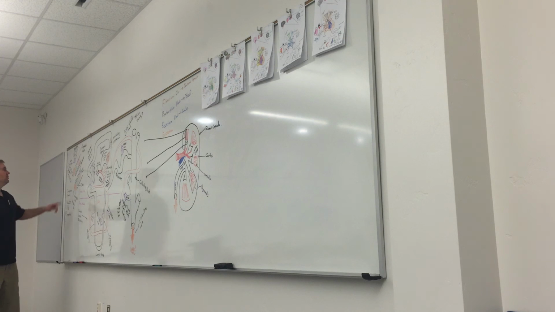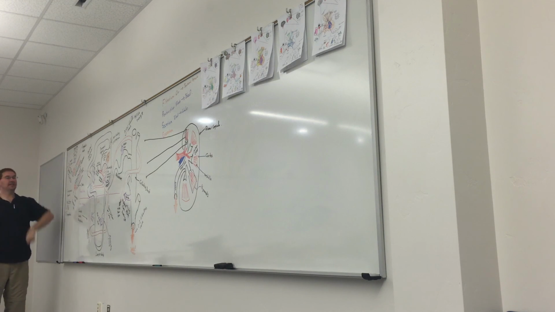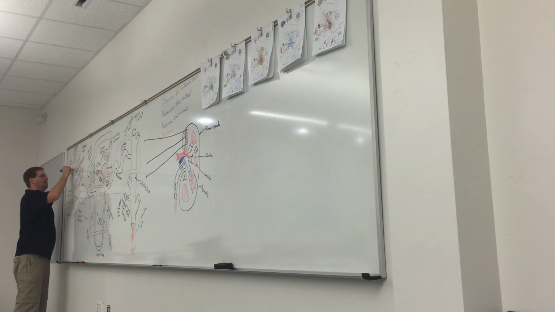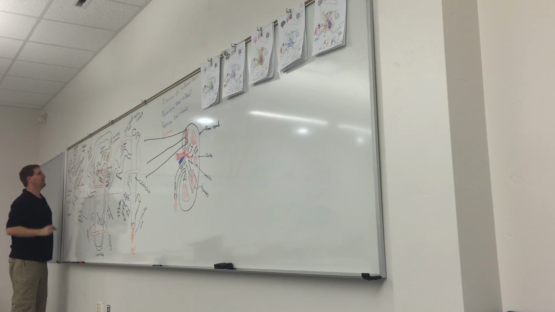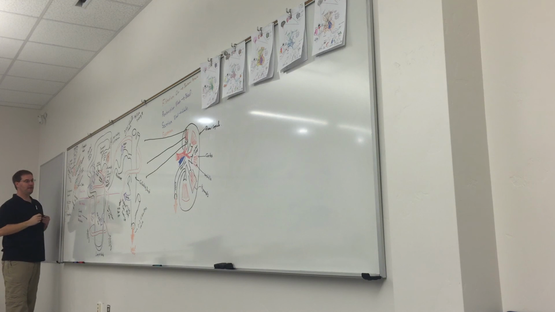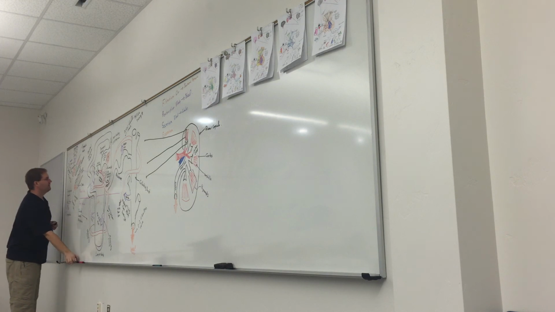And what they will do is, these macula densa cells, see how they have little granules inside of them? They contain prostaglandins. Okay, a very specific type of prostaglandin. And when they sense low sodium, they will release the prostaglandins.